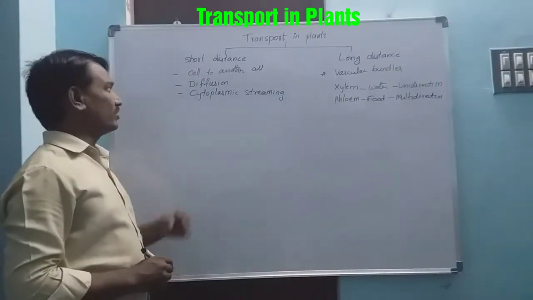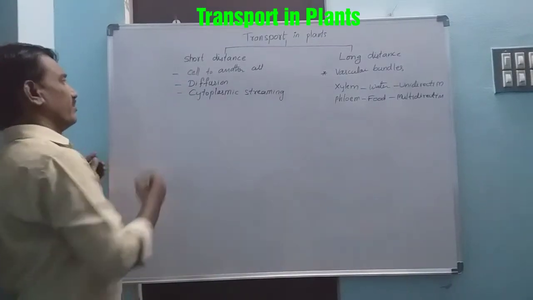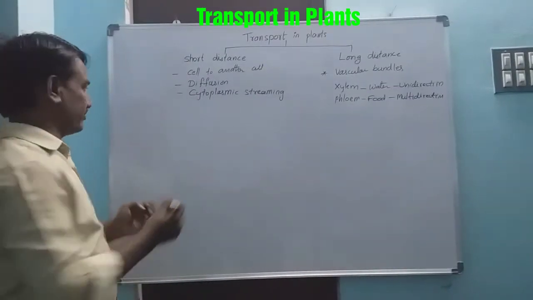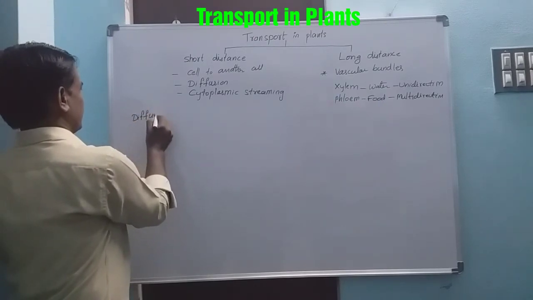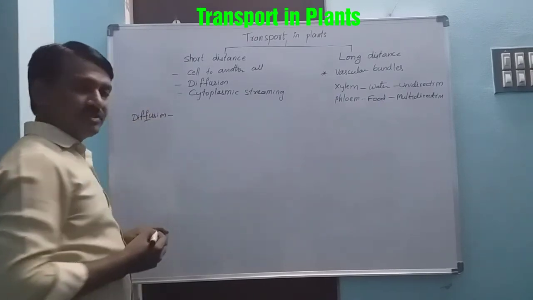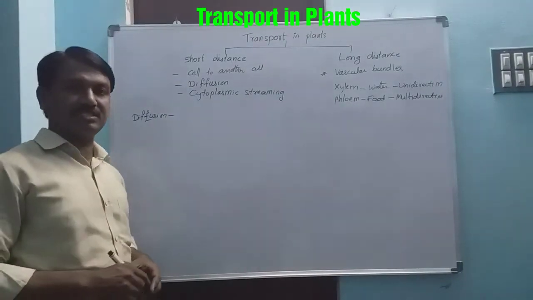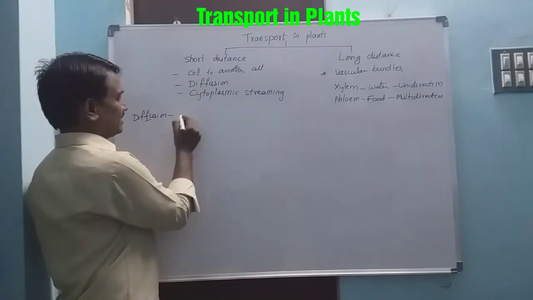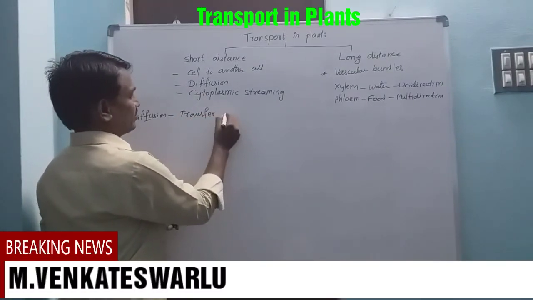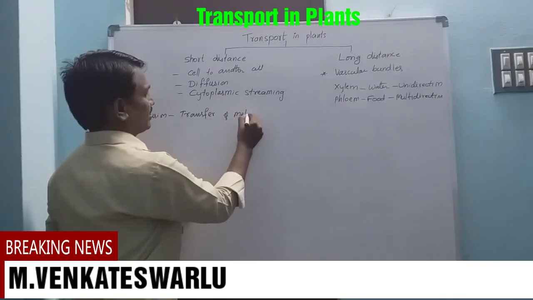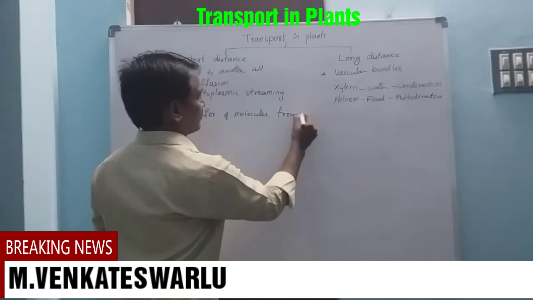Let us discuss the short distance transport system. Number one mode of transport is diffusion. Diffusion means transfer of molecules from high concentration region to low concentration region.